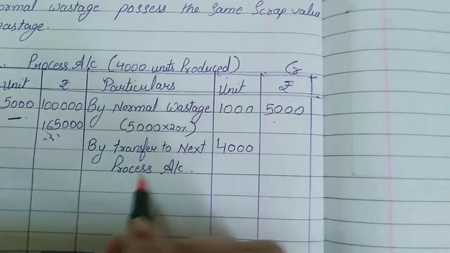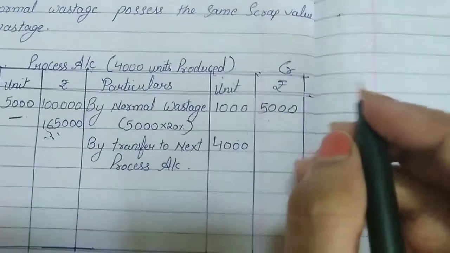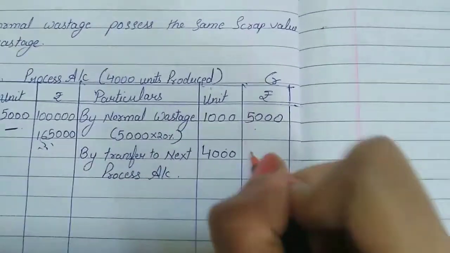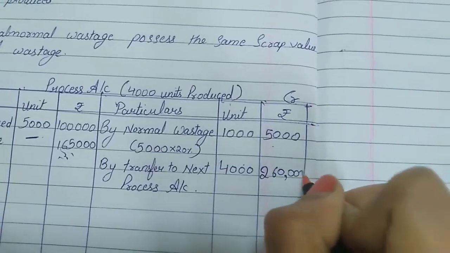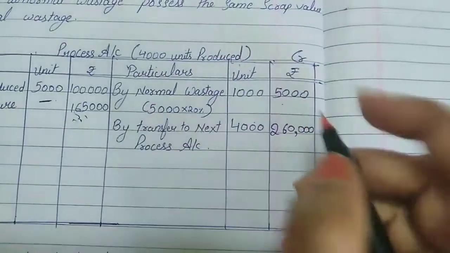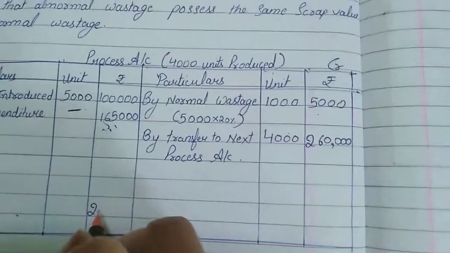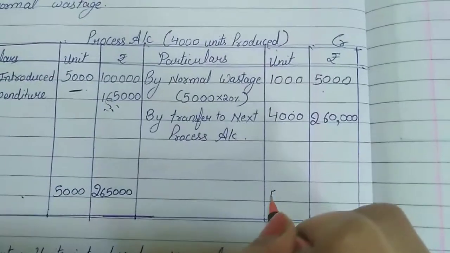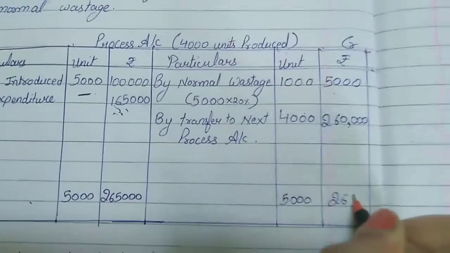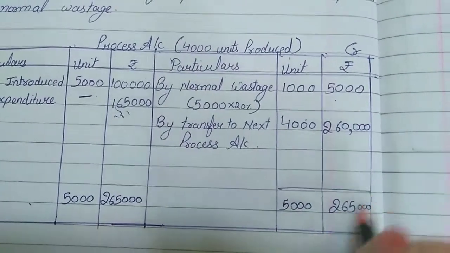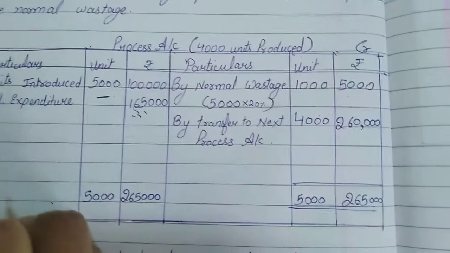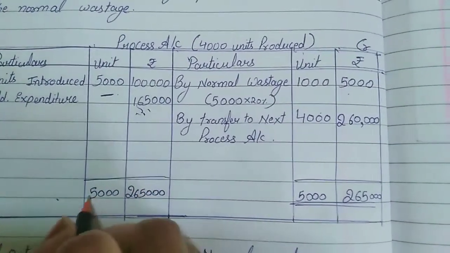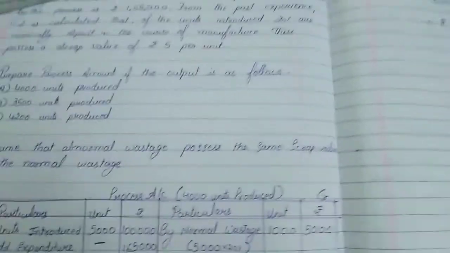This 65 per unit we will count here as a transfer to next process account. 4,000 into 65, that will come to 2,60,000. Okay, now we will calculate. So both the sides are tallied, 2,65,000. Okay. Now we will calculate for point B.